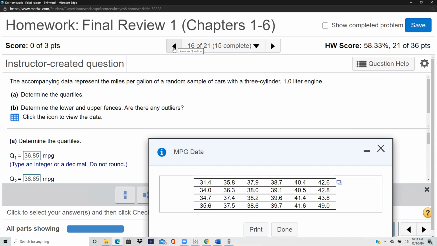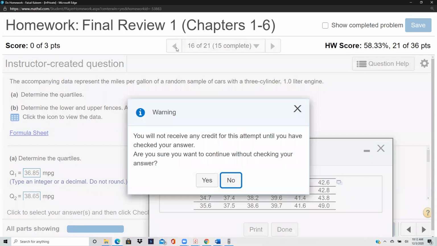One of them is StatCrunch, and one of them is the formula sheet. Oh, it's not letting me go back.